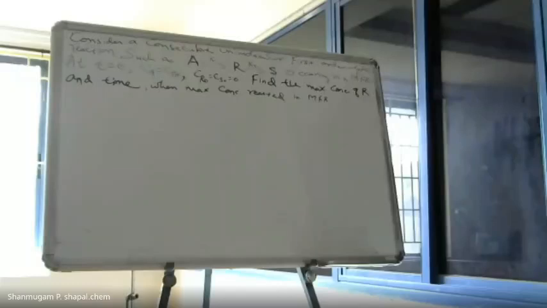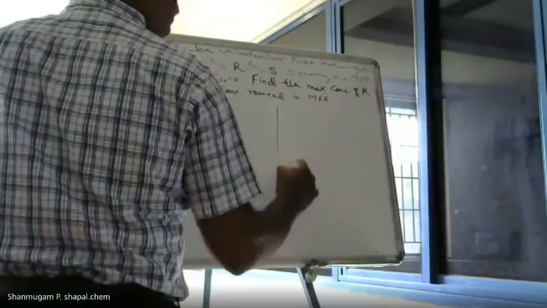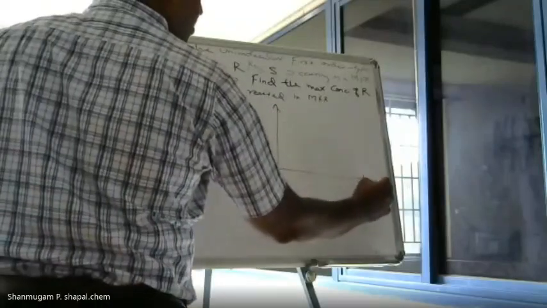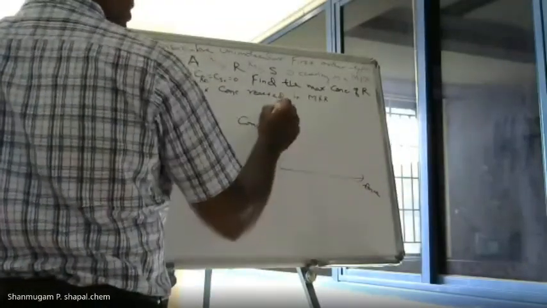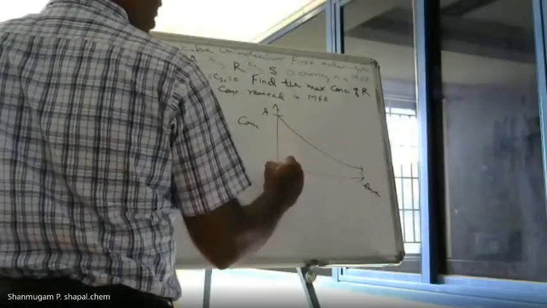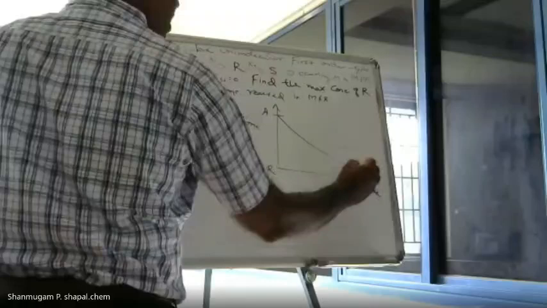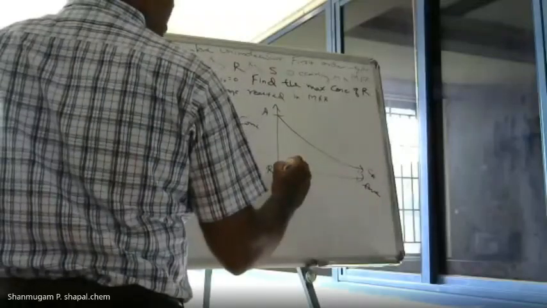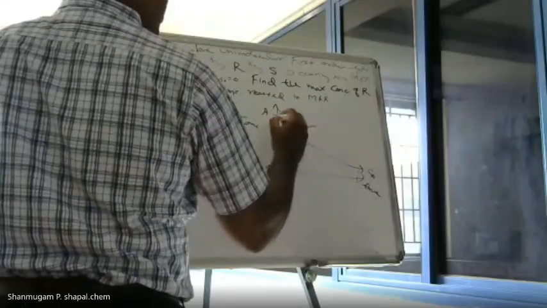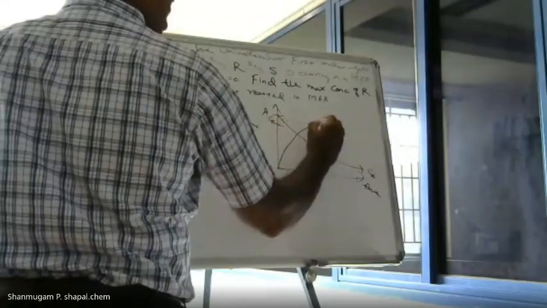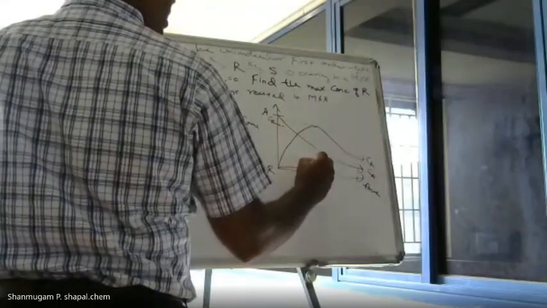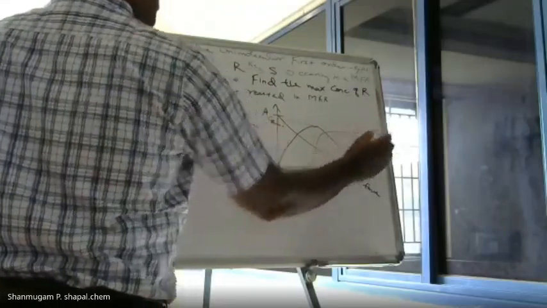So when we looked at this stage, if you take it in the concentration versus time, the A keeps on decreasing, and the R starts from here. This is CA at this point, and the R increases to the maximum at one particular place, CR max, and again it goes down, because of S formation.